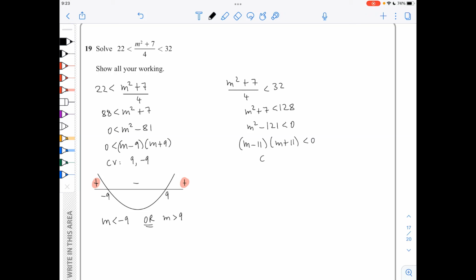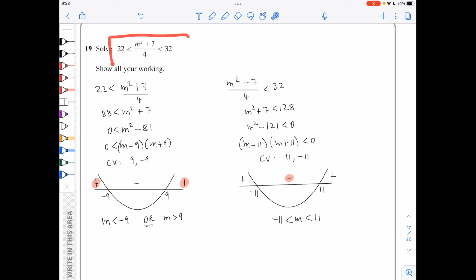So the critical values are 11 and -11. Again, I draw my parabola. It's a smiley face parabola, cutting at -11 and 11, plus, minus, plus. We want to be less than 0, so we want to be between -11 and 11.